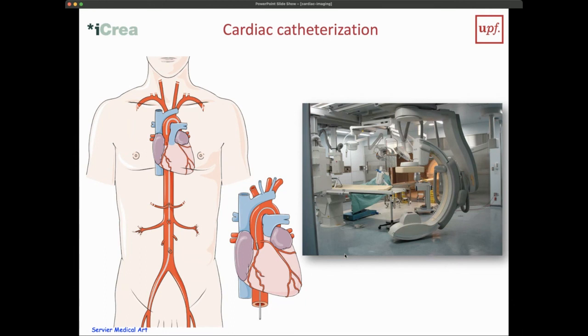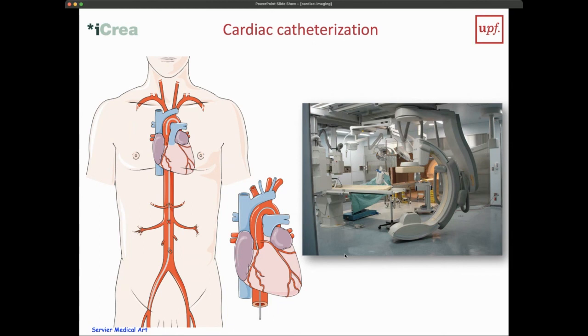And we actually want to do selective imaging with contrast agents, because if you inject contrast agents in a vein from the outside, your whole circulation is filling with contrast and you don't see specifically the coronary arteries.